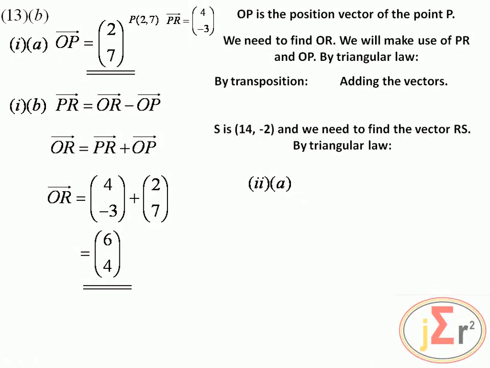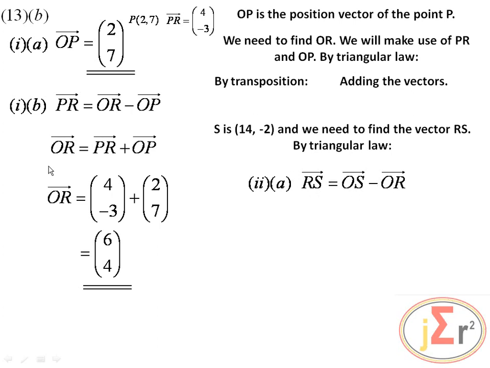S is 14, negative 2, and we need to find the vector RS, and we will use again the triangular law. What do we know? RS is equal to OS minus OR.